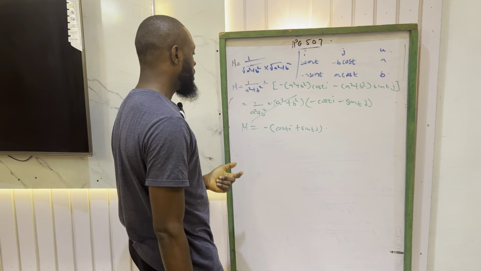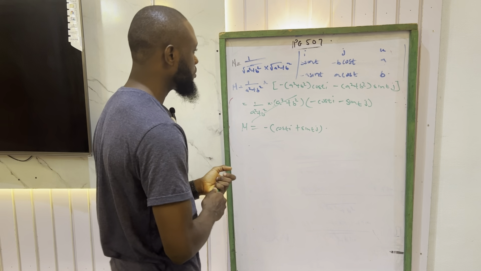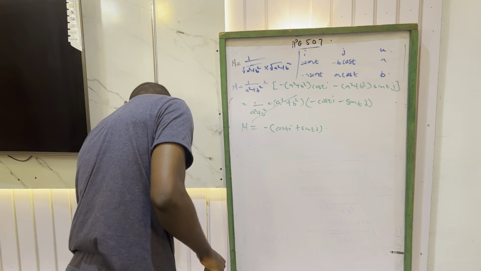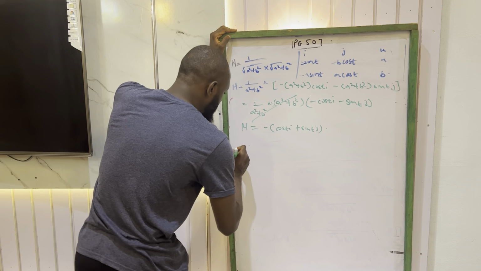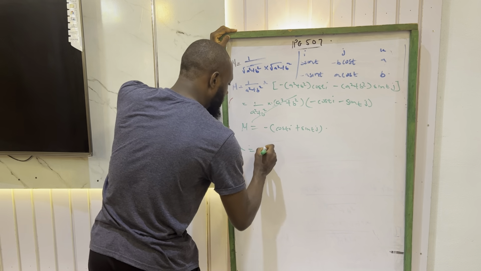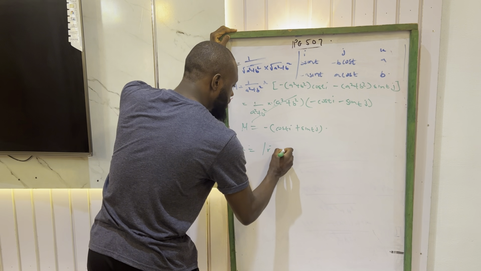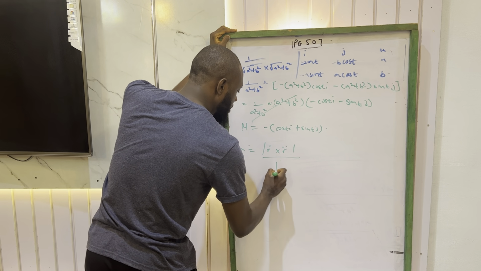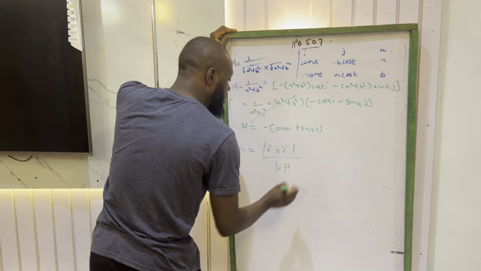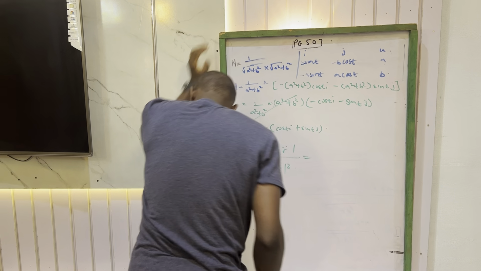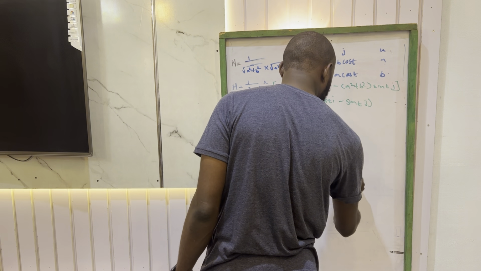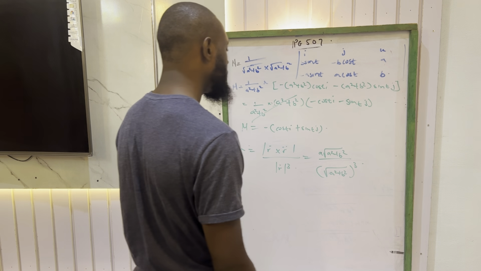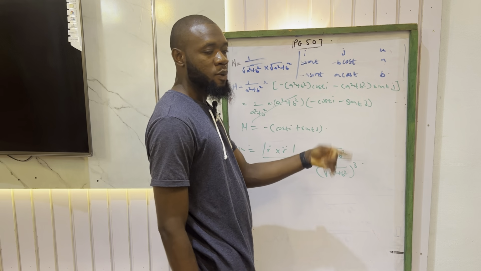So let's go for the other one. The other one we're supposed to look for is the radius of curvature. So the curvature k is given by the cross product over the magnitude raised to power 3. So we'll just write it out: a squared plus b squared raised to power 3. We know that square root is raised to power 1 over 2.